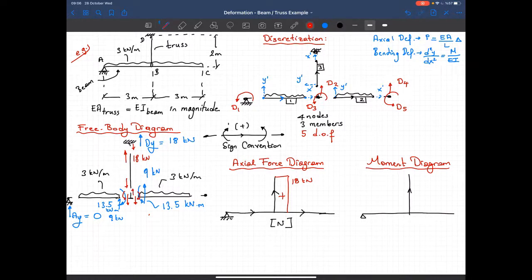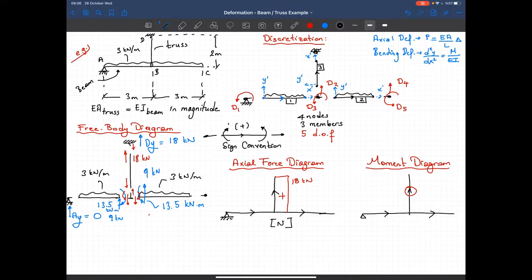So I know that the moment is equal to 0 in here. Now the directions are like that, and when we go from left to right, that's the positive direction, and here I got a negative moment.